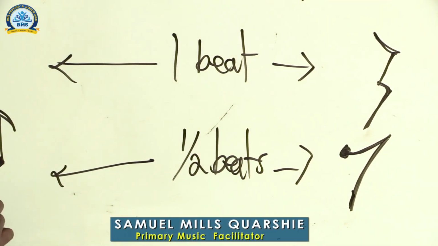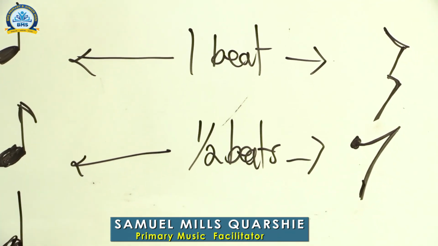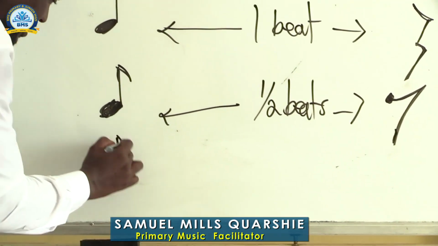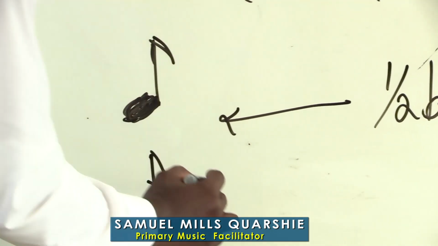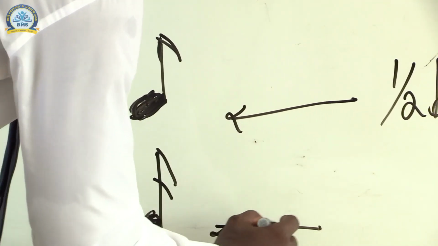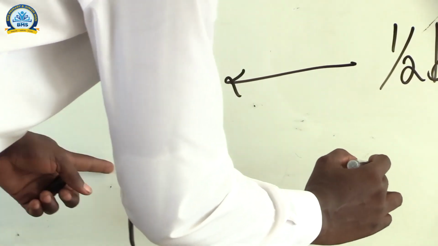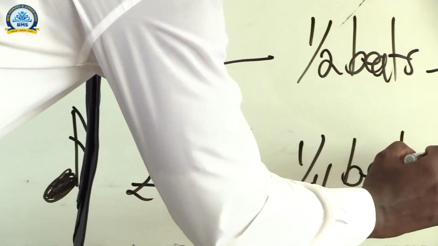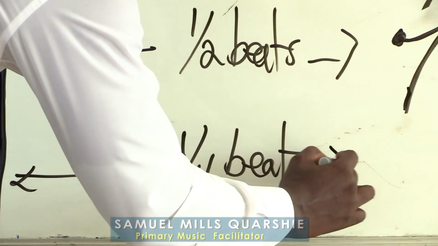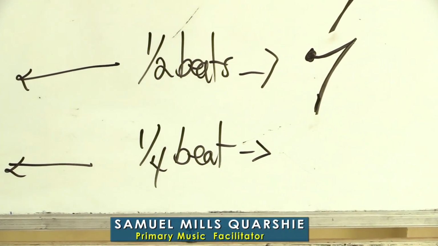Okay, let's look at the last one in notes and their rests. The last note is the 16th note. That's what the Americans call it. The British call it semi-quaver. It's 1/4 beat, and the rest has the same time value.